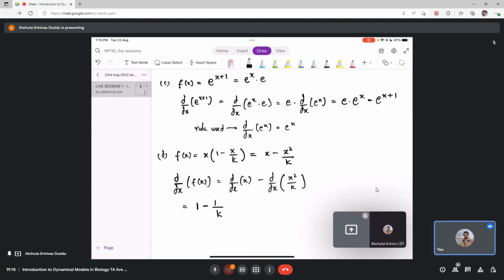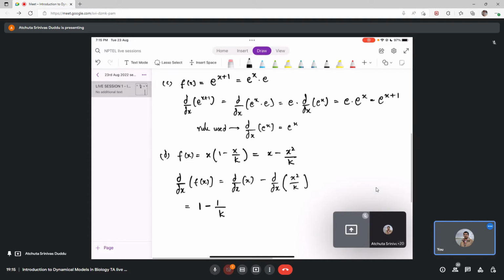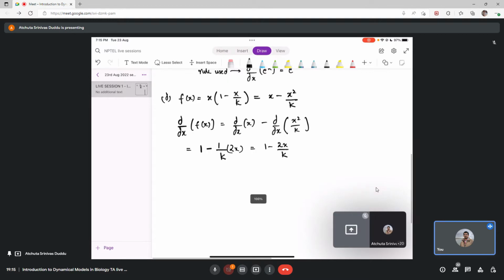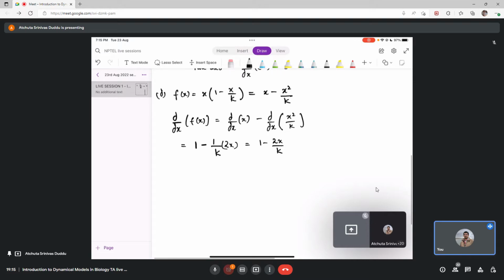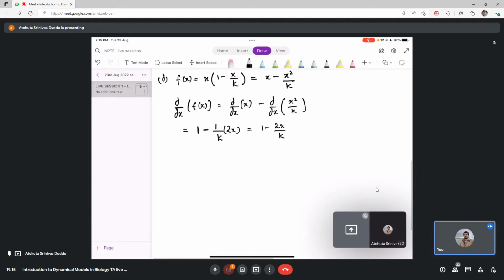As we had seen in bit b, the differential of x square is 2x, so into 2x, which would be 1 minus 2x by k, right? So the rules we used are the same, just that the form of f of x we expanded to suit the process of differentiation we are using.